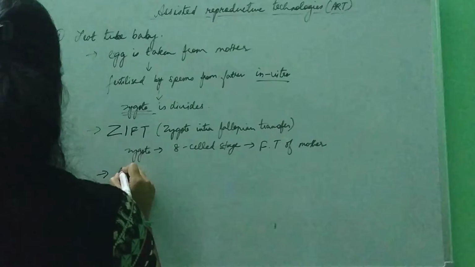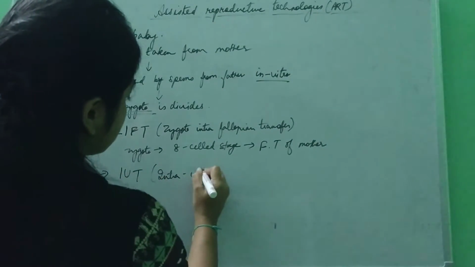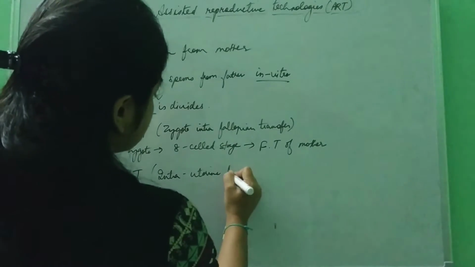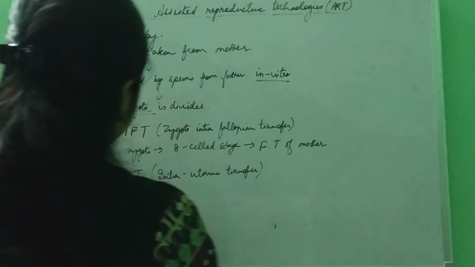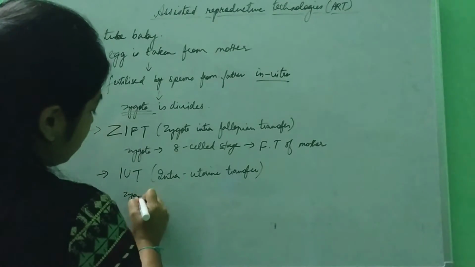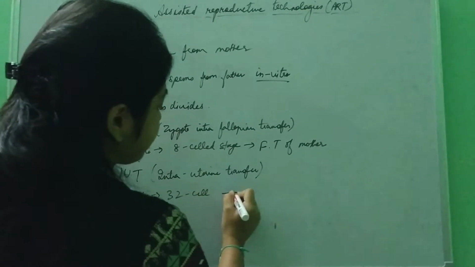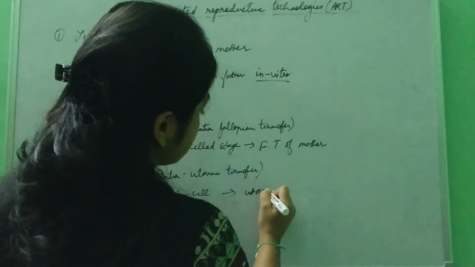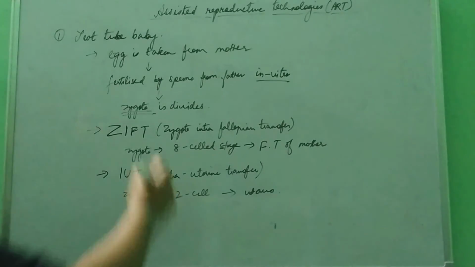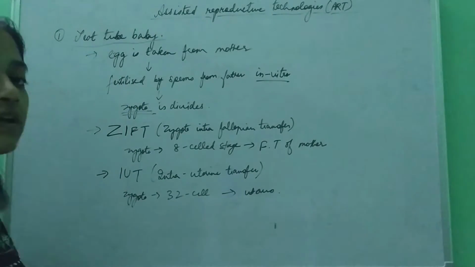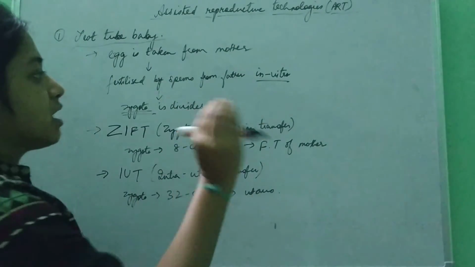Or IUT, intrauterine transfer. If the zygote is at a 32-cell stage, then it is directly transferred to the uterus of the mother. So the test tube baby process is very simple. Egg is taken from the mother, sperm from the father.